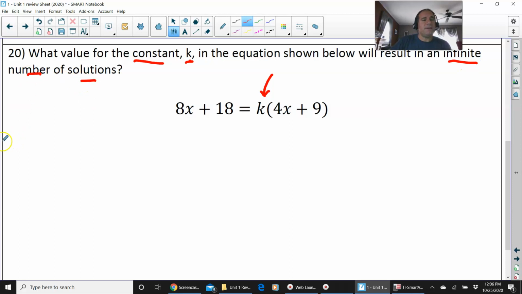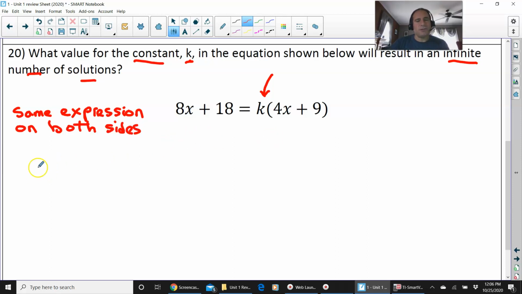Remember, an infinite solution would have to be the same expression on both sides of the equal sign. So you see how this is 8x plus 18?